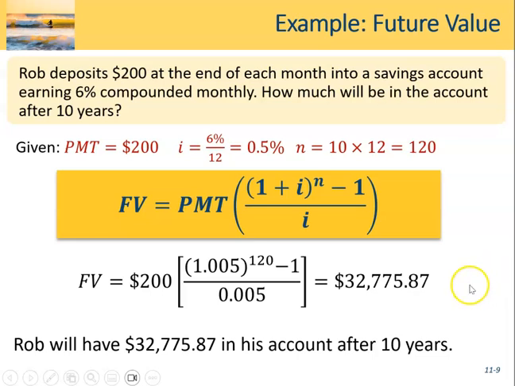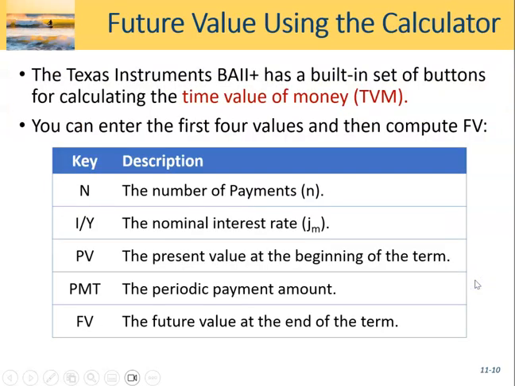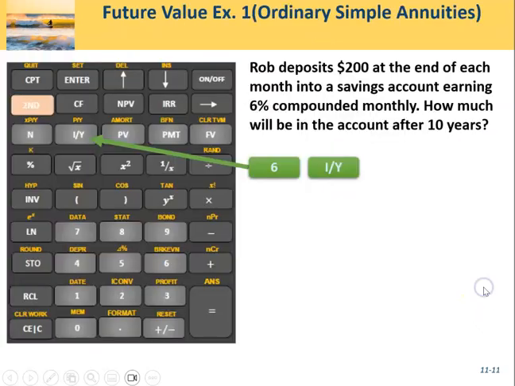So you can use the formula that they've given here if you'd like, or we come over here and use the features from our calculator. Okay, so we know Rob deposited $200 at the end of each month into the savings account, and we know that it's 6% compounded monthly. So we're going to use our 6 IY.